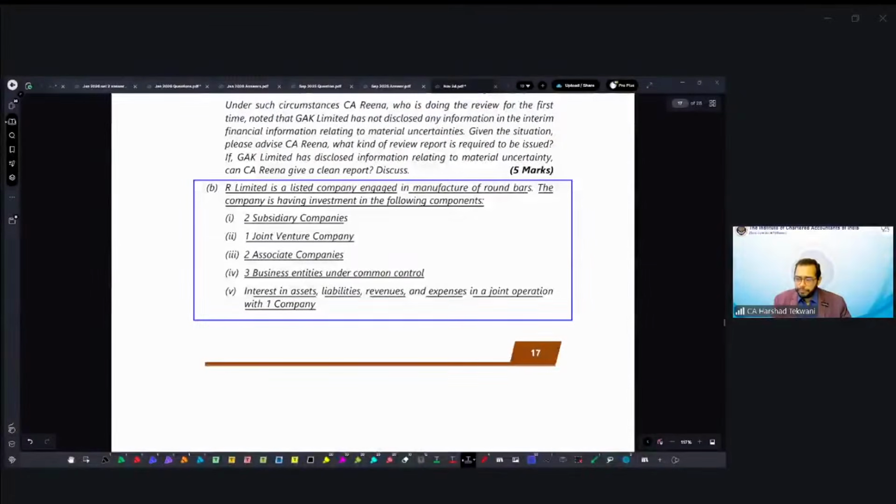Anyone? Okay, very good, Kanaya. Yes. What else? How should R Limited approach this scenario with respect to the consolidation? See how you have to apply the knowledge of financial reporting when you have to answer a question from the audit, because audit is done for the financial statement, where you should have the understanding of the financial reporting framework.